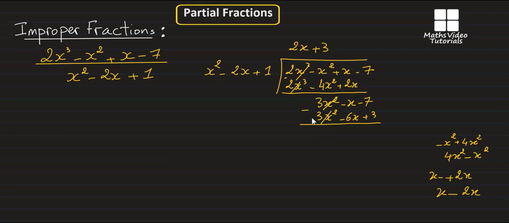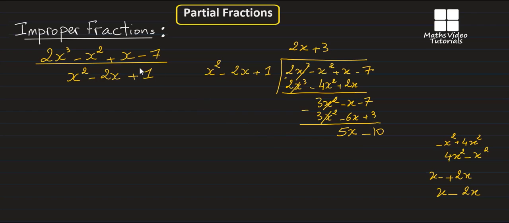Again, be careful with the minus, right? And the minus here turns to a plus. So plus 6x, take away x, that's 5x, or positive 5x. Minus followed by a plus will turn to a minus. So you've got a negative 7, take away 3, that's minus 10. So this is my long division completed.